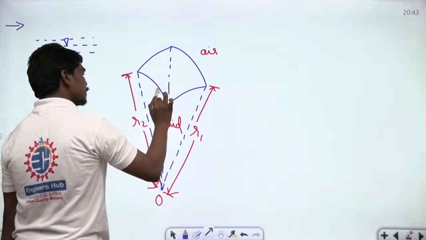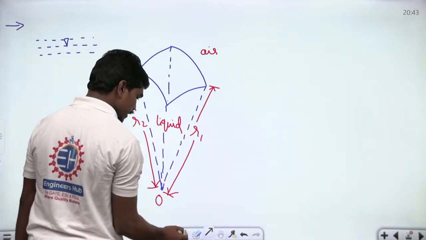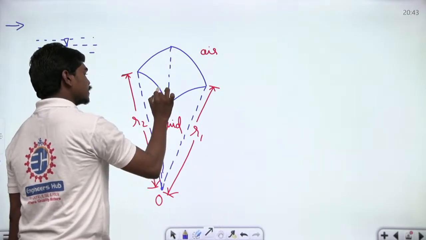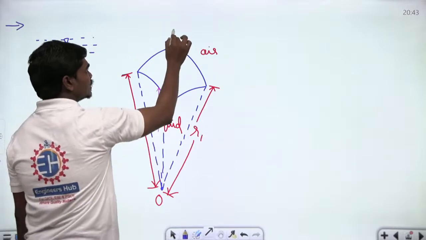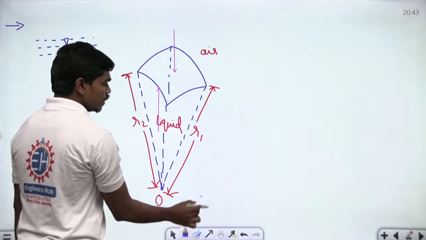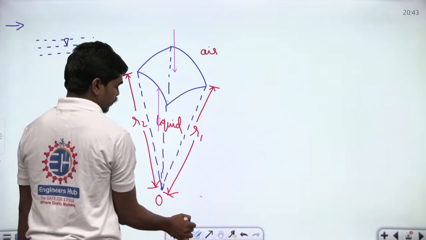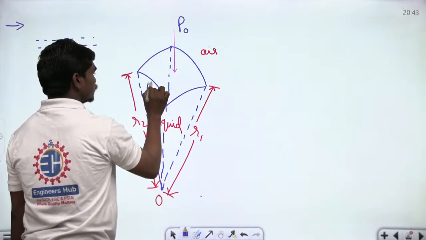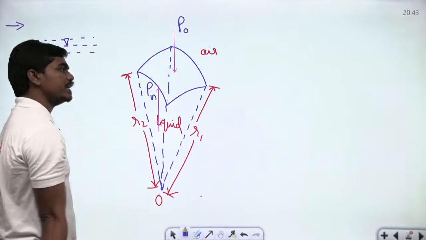There will be some internal pressure acting on the fluid. Let us change the color. Let us suppose there is some internal pressure acting on the surface, and similarly some external pressure also acting on this surface. So this is P outer, and the pressure we have here is P inner.